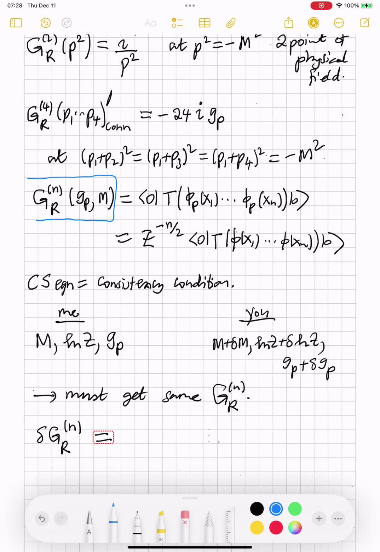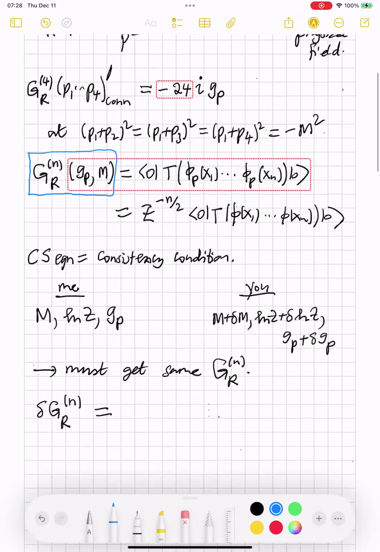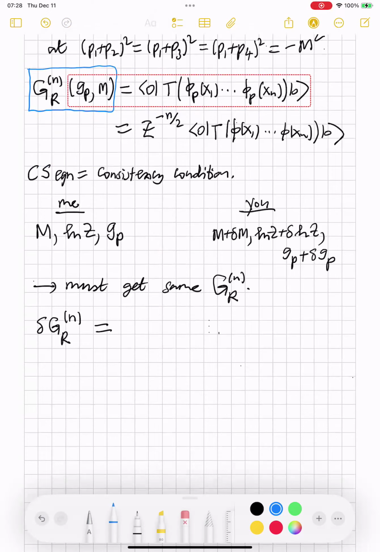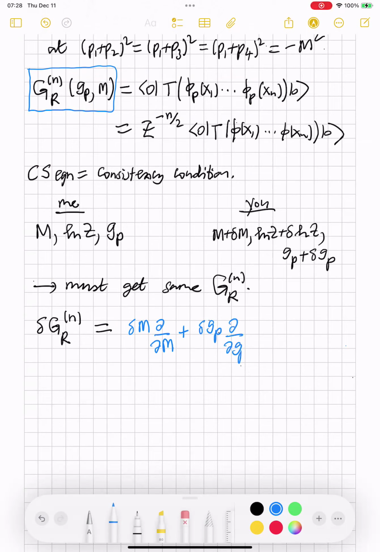We said that this renormalized correlation function is a function only of g_P and m. Now we've changed m and we've changed g_P. So just by doing the standard kind of expansions that we would always do, this is one way to write down the change in the Green's function.